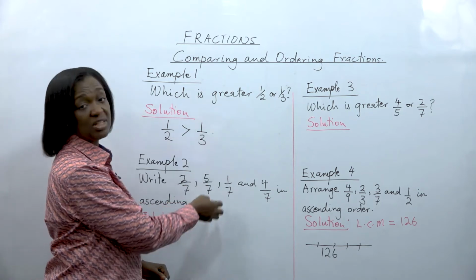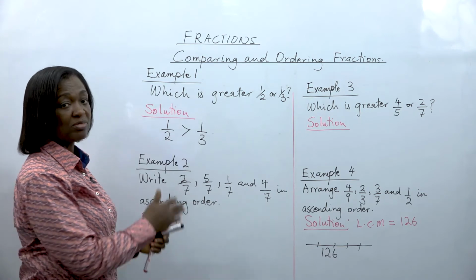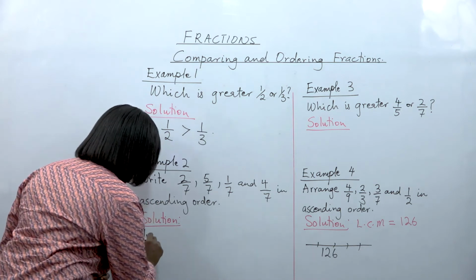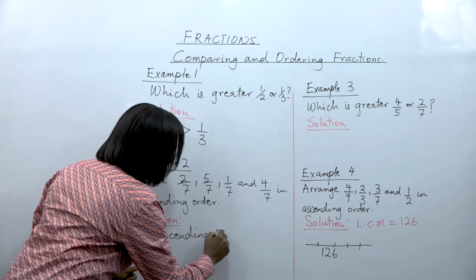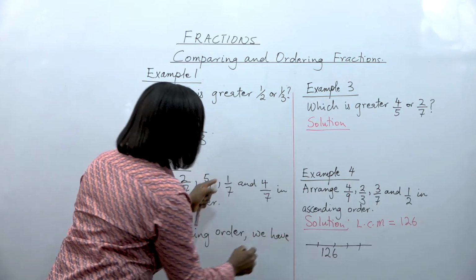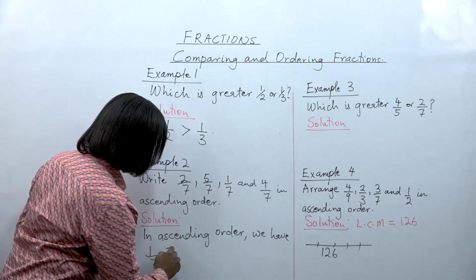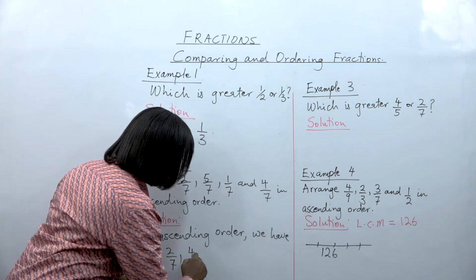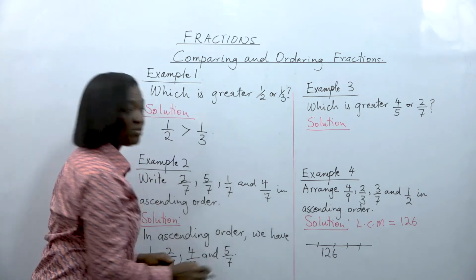So in ascending order, from smallest to largest, the smallest is 1 over 7. The next is 2 over 7, and then 4 over 7 and 5 over 7.